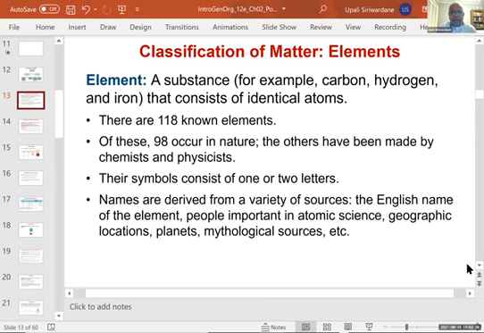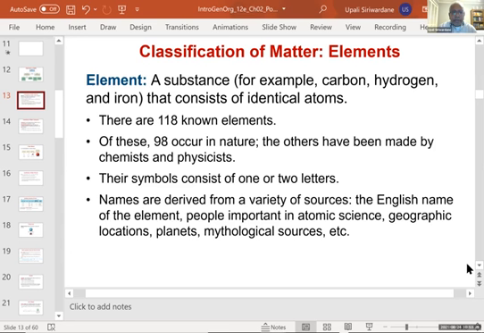Some are stable, some are radioactive and breaking apart. Some have already decayed. Some are producing nuclear reactions.